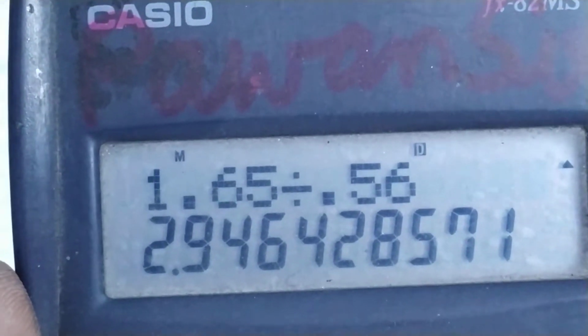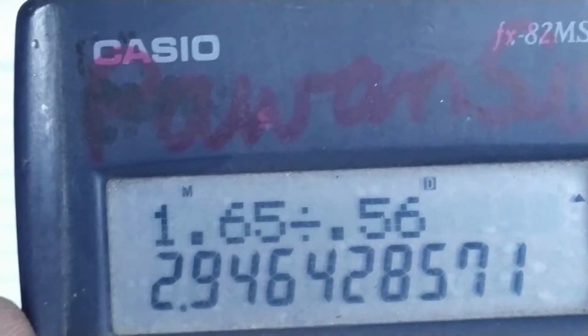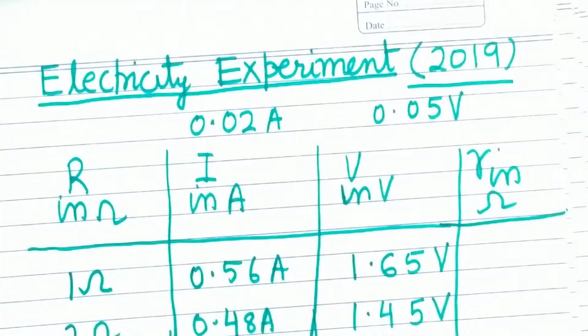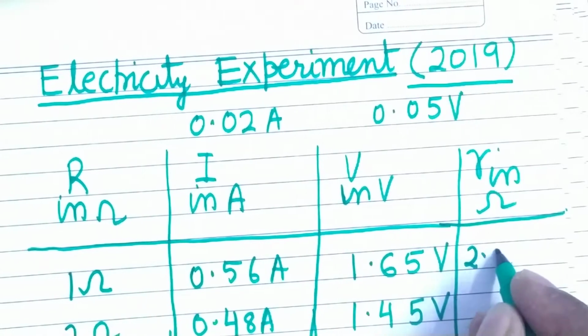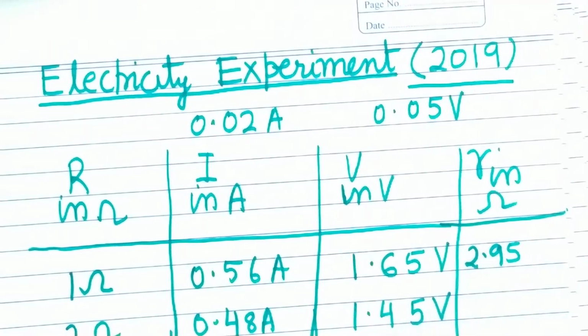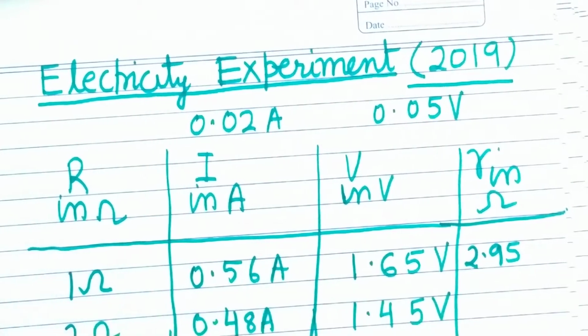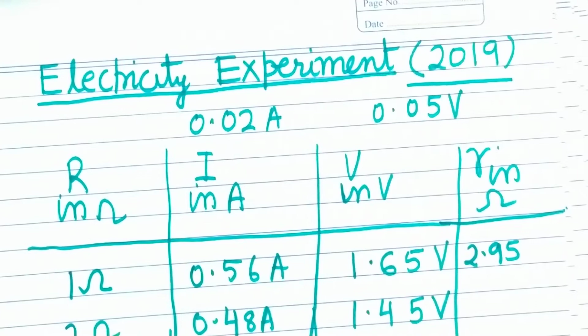So it is 2.946. So you will write 2.95. That will be 3 significant figure. 2.95.